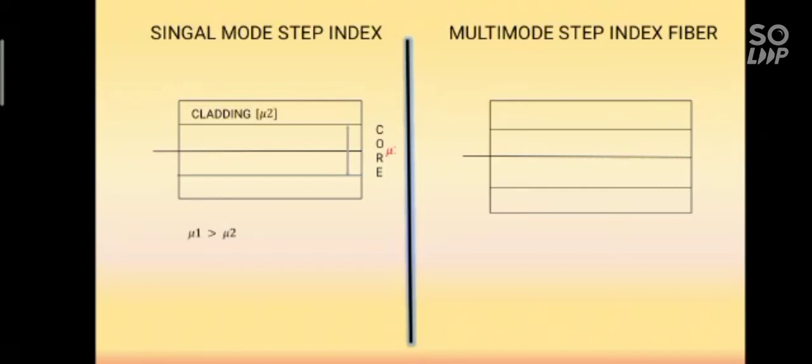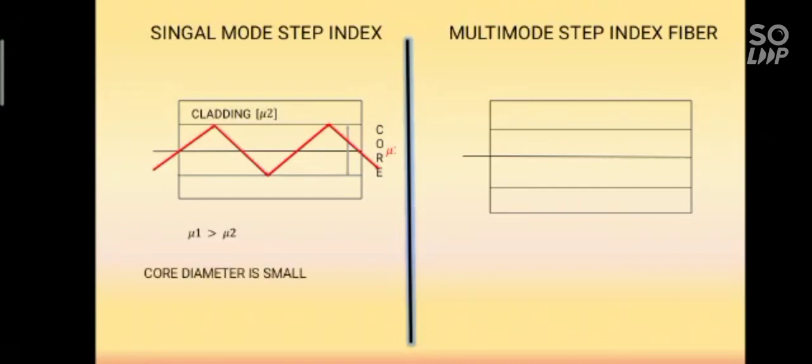Now, in the case of single mode optical fiber, mode means a path, a propagation. The diameter of the optical fiber is very small, so it supports only one mode of propagation. It means at a time, only one ray of light can enter the fiber. And we know, in the case of step index fiber, the path of the light ray is a zigzag path.